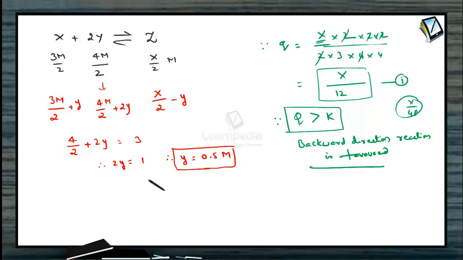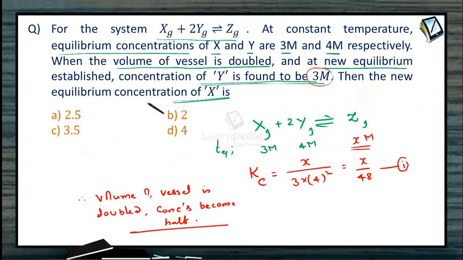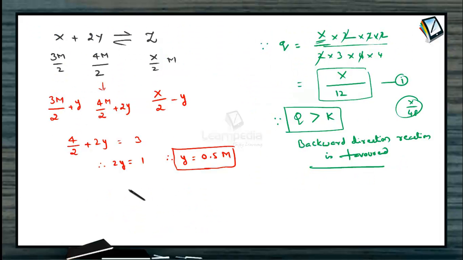But what is it that we are asked in the question? The new equilibrium concentration of X is asked. So the new equilibrium concentration of X is 3M by 2, M is molarity, plus y.